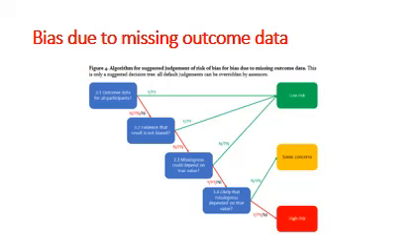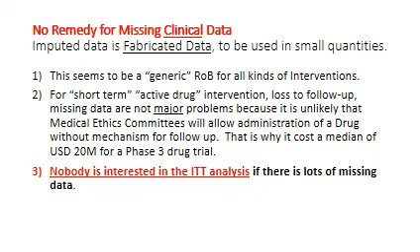Now, the bad news about missing data is there is no remedy for it. No remedy for missing clinical data. Now, if you impute clinical data, that is basically fabricated data. So you can use it in small quantities just to fill up some spaces and basically save your data set. But fake data is fake data, whether it's legally fabricated or illegally fabricated.